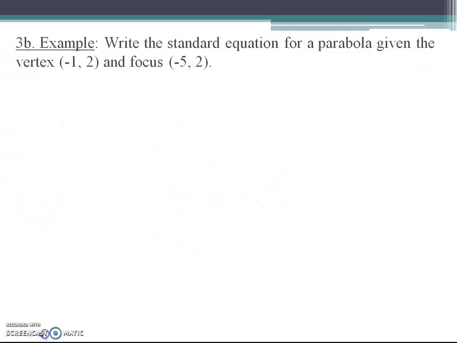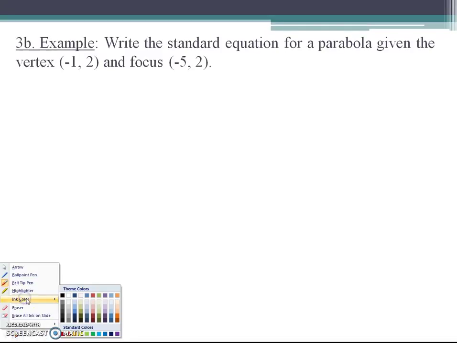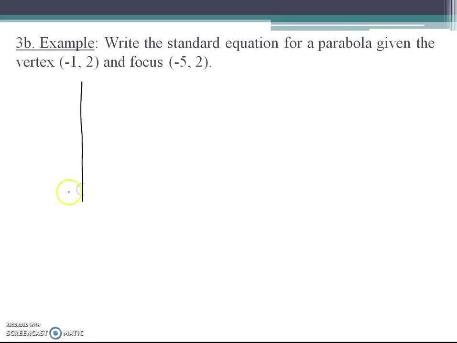Let's do a few more. Let's take a look at this one. Again, we're going to start in the same exact way. We are going to draw a quick sketch. The vertex is at (-1, 2).